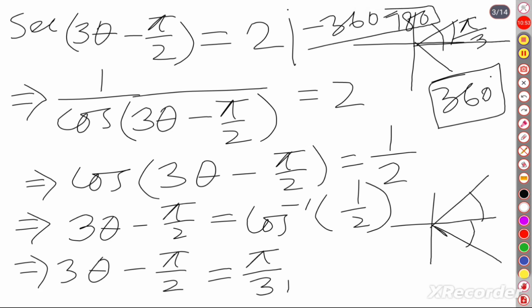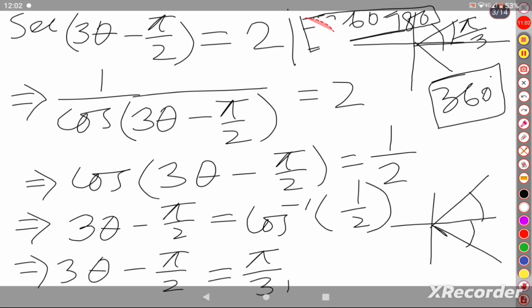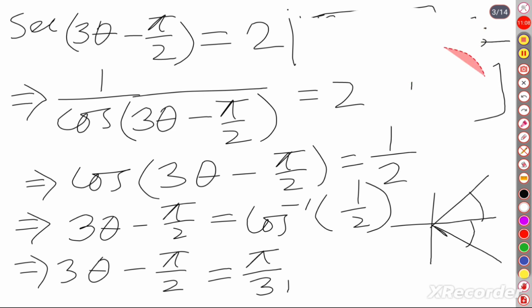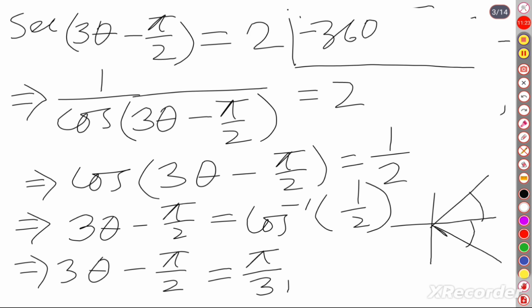So our range is from negative 360 until positive 180. Let me erase this portion so that it becomes easier to understand. So our range is from negative 360 until, let me suppose it to be x, positive 180.